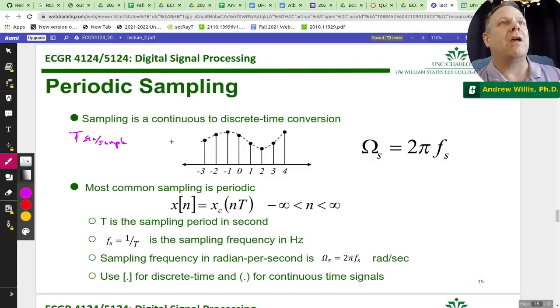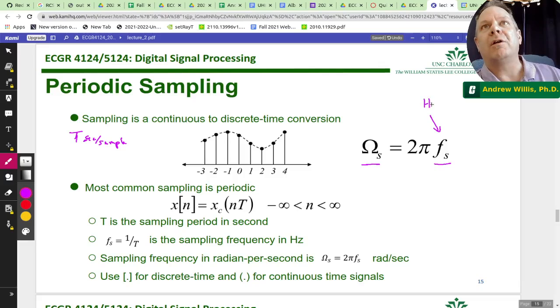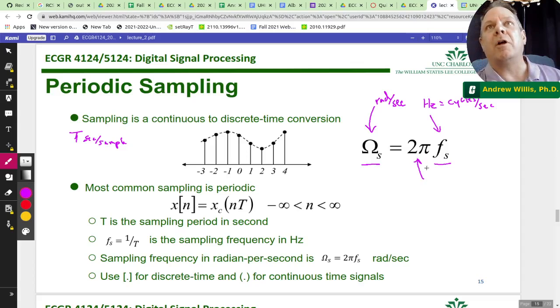The sampling process actually has its own frequency, and that frequency can be represented in hertz, which is cycles per second, or it can be represented as an angular frequency in radians per second. And this is a conversion factor from hertz to angular frequency. This just says that there are 2 pi radians in one cycle.